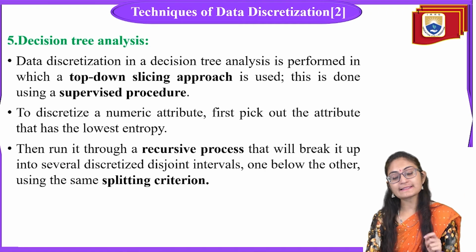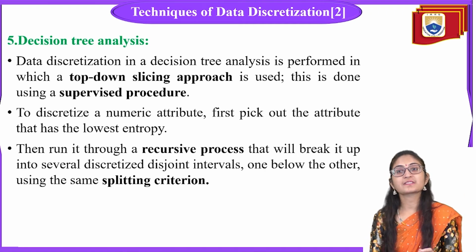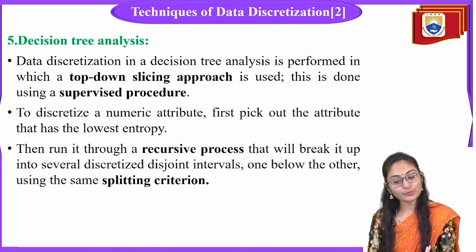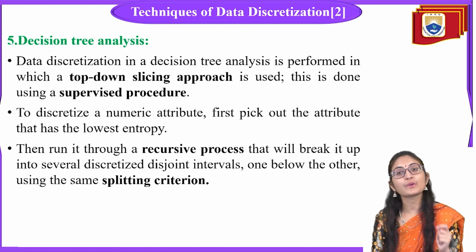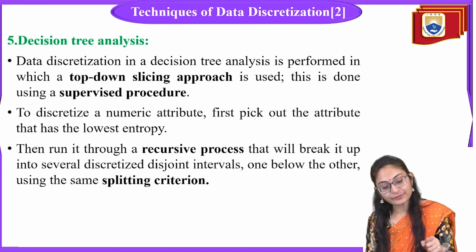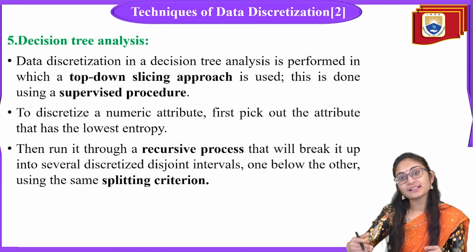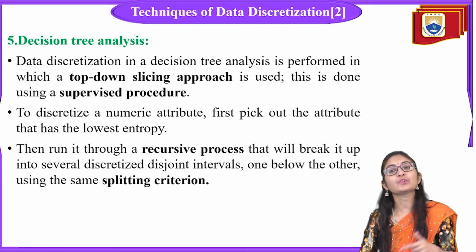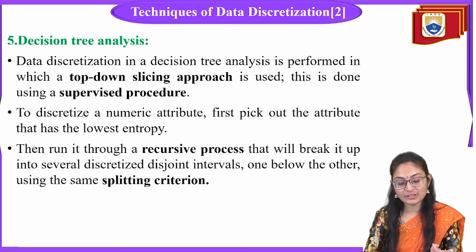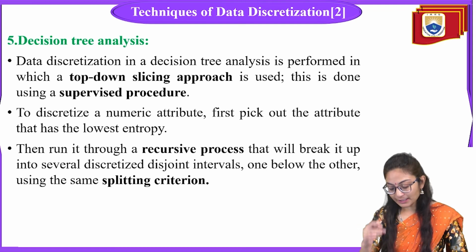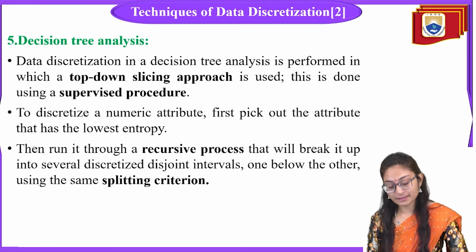For discretized numeric data, first pick out the attribute which has the lowest entropy, and after that you have to break it, and you have to repeat this procedure till we get the result.